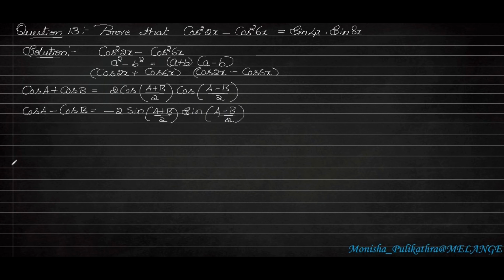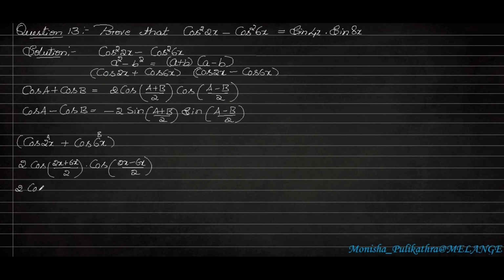So therefore, I will be taking the first equation, that is cos 2x plus cos 6x. So here 2x will be A and 6x will be B. So it is in the form of cos A plus cos B. So it will become 2 cos A plus B, 2x plus 6x divided by 2 into cos A minus B, 2x minus 6x divided by 2.